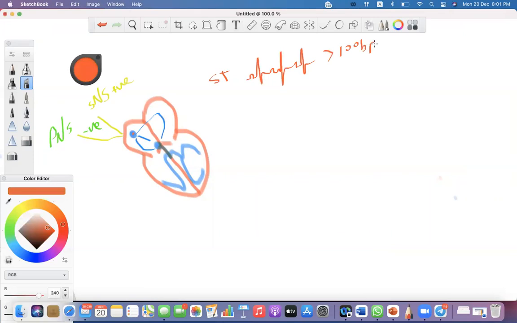This occurs in any situation which stimulates the SA node, increasing its rate of firing, like sympathetic overstimulation, causing a sinus rhythm, but in a tachycardic manner.